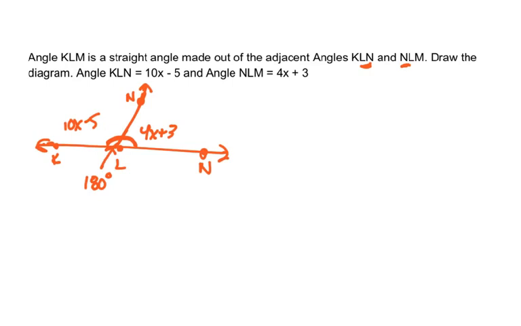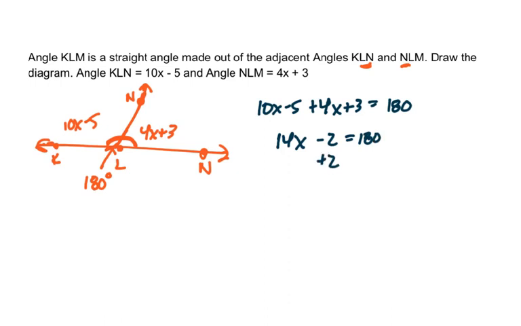We're going to do 10x minus 5 plus 4x plus 3 equals 180. Combine like terms. Add 2. And divide by 14. And x equals 13.